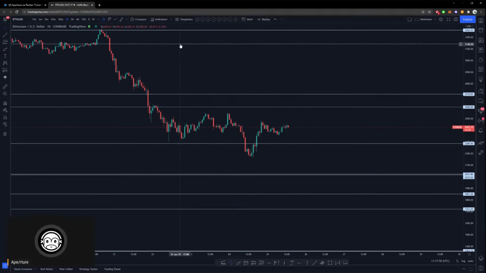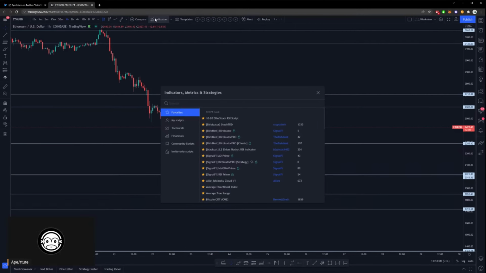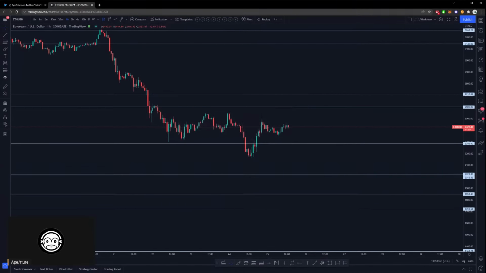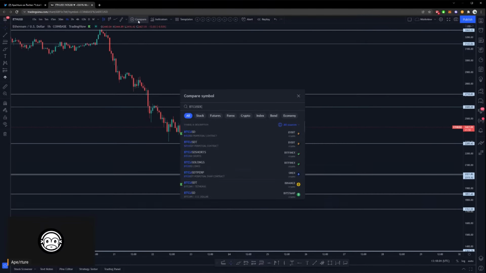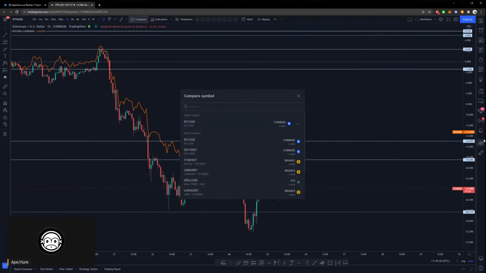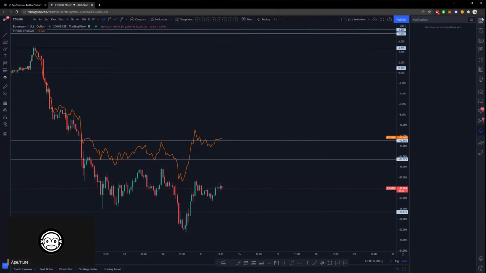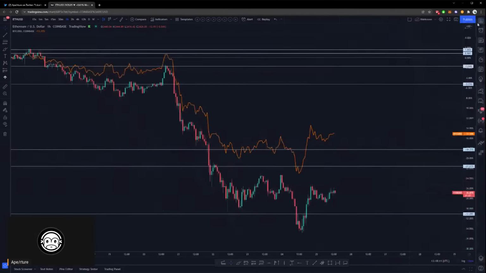We can actually directly compare it in the chart. By adding it, and let's use the same percentage scale here, where Bitcoin had that move up from the lows and basically broke those highs.